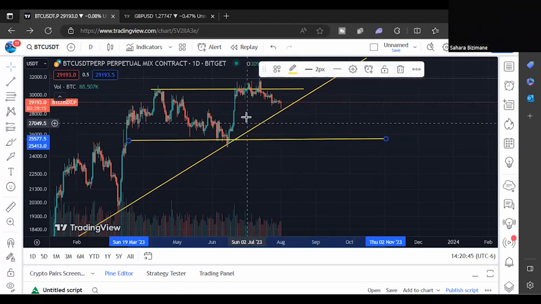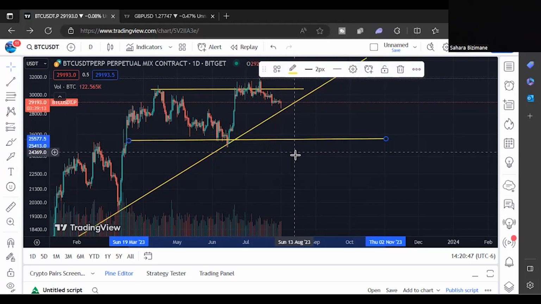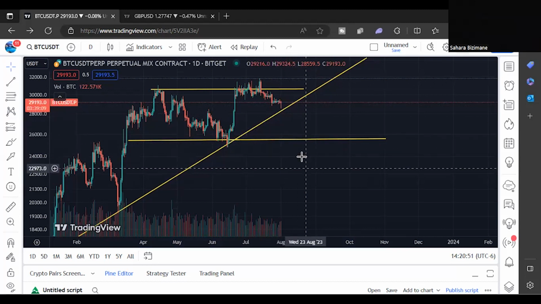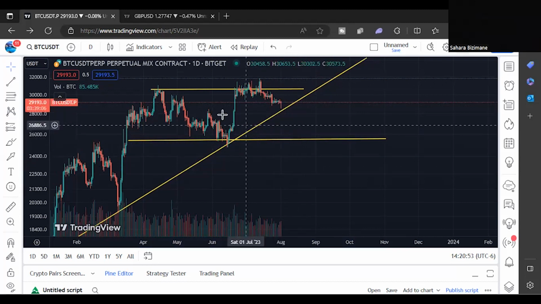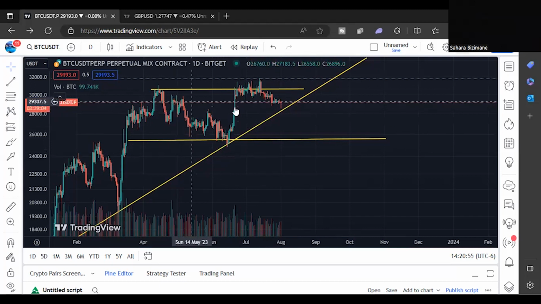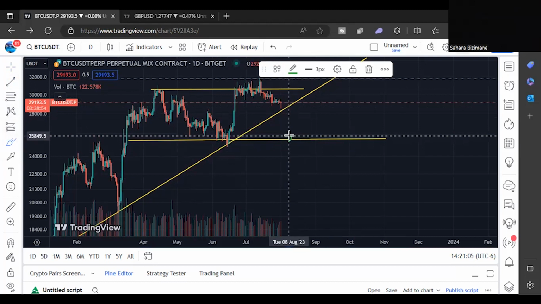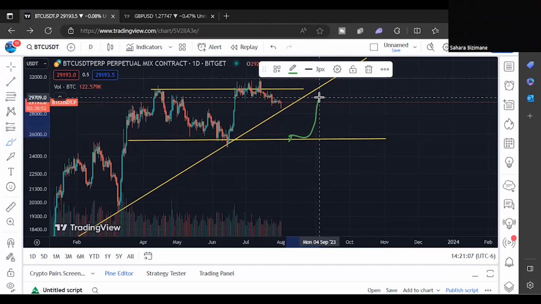But whether the price breaks out of that neckline or not is not 100% guaranteed, because sometimes the price will come to the neckline and instead of breaking it, it will actually end up finding support on this area here, and then it reverses back up.